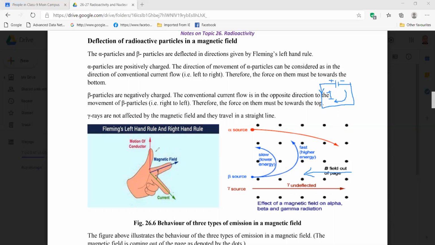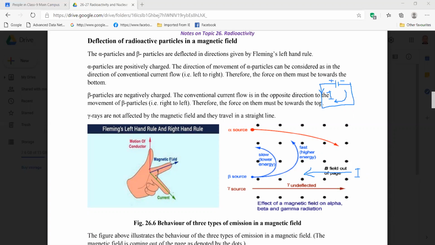In our Fleming's left hand rule, we don't have any direction for beta particles. We have only for current. That's why we should consider the current direction here. As beta particles are moving in this direction, we should consider the current direction in opposite. That is conventional current.